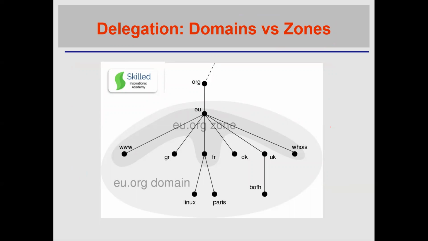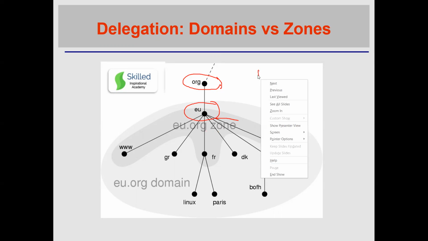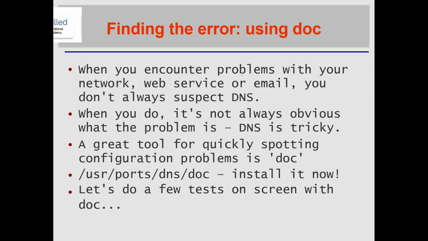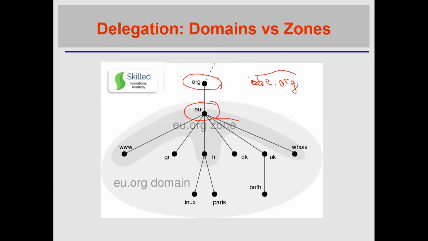So let's go further. We have an organization, EU. We have a domain which is organization, we can say abc.org. That is called our organization or our domain, and it is subcategorized into the EU zone.